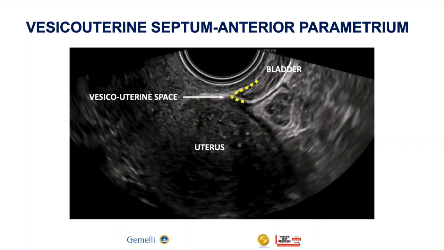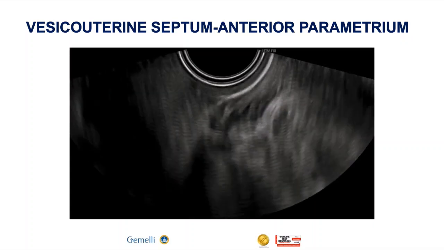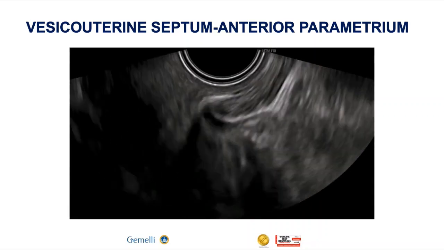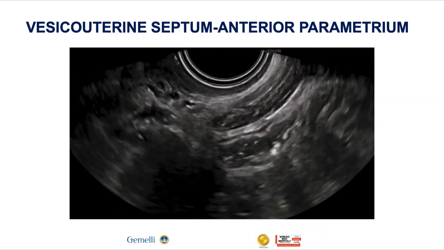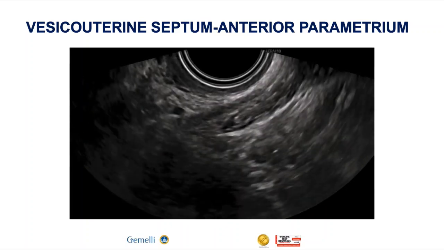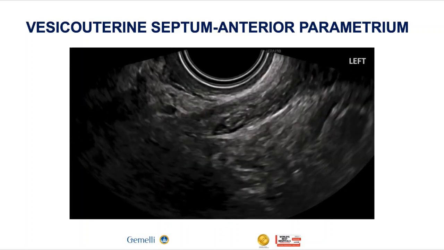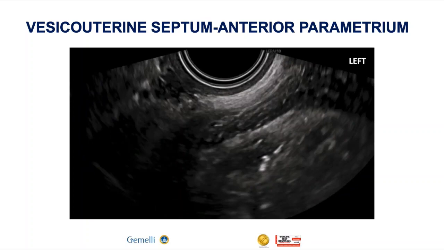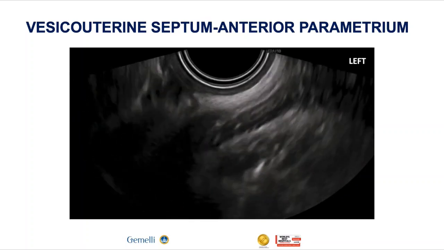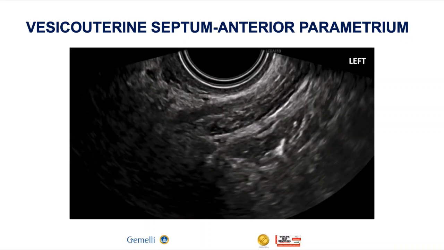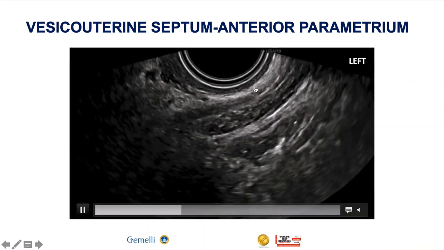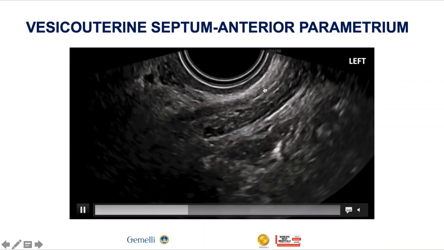The vesico-uterine space, the vesico-uterine septum, can be evaluated by pushing the vagina and uterus against the bladder. We place the probe in the terminal part of the ureter next to the bladder to assess the hyperechoic tissue surrounding the ureter.